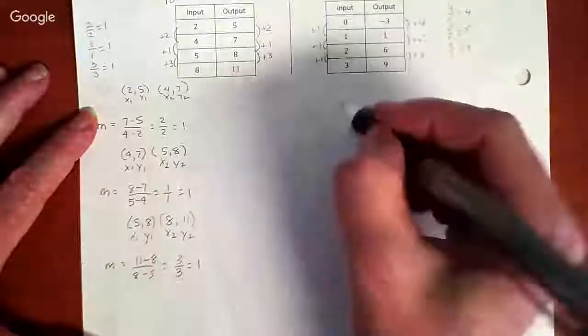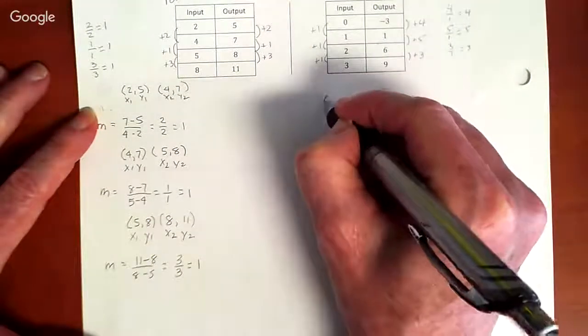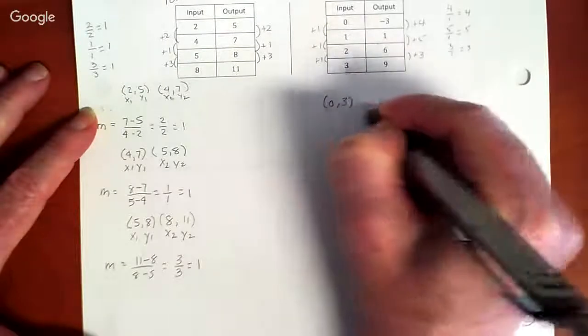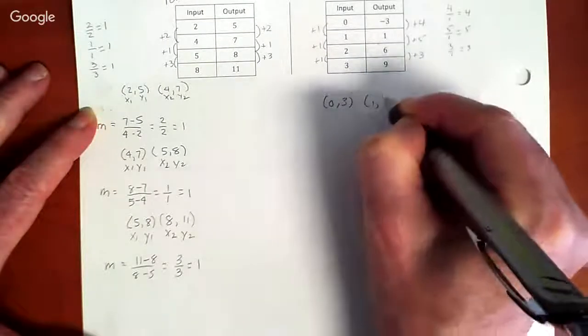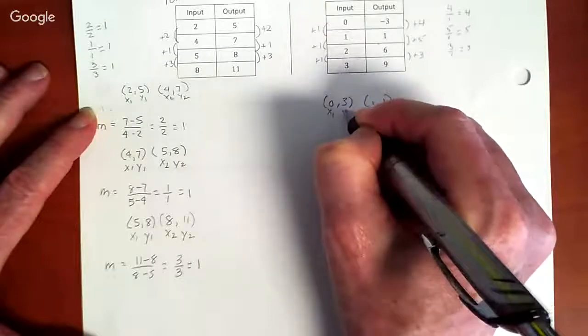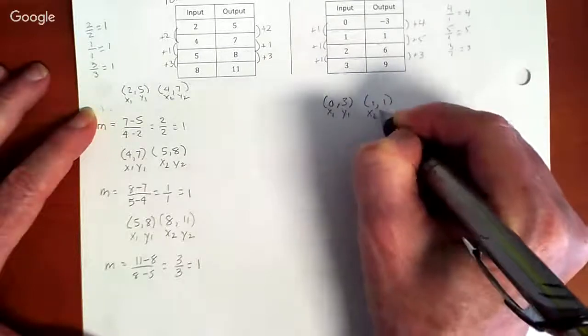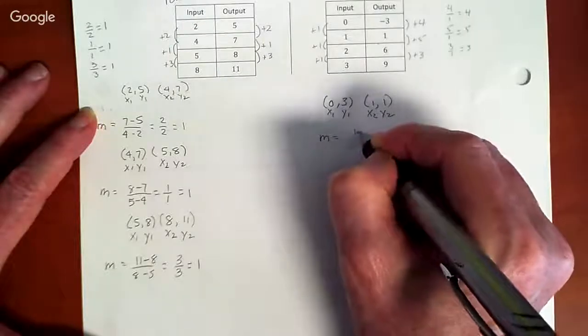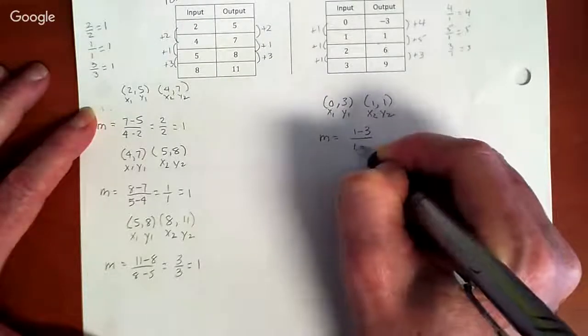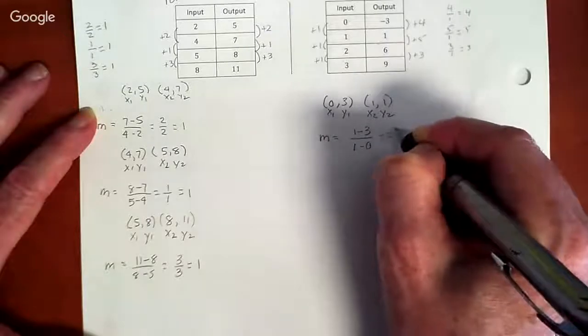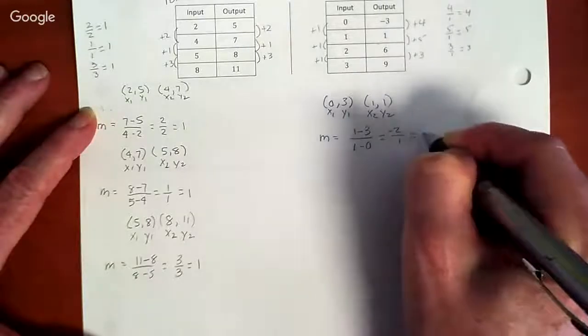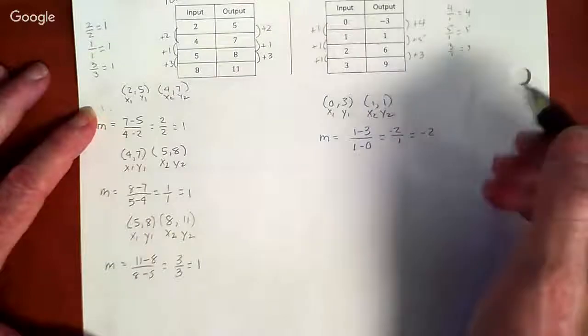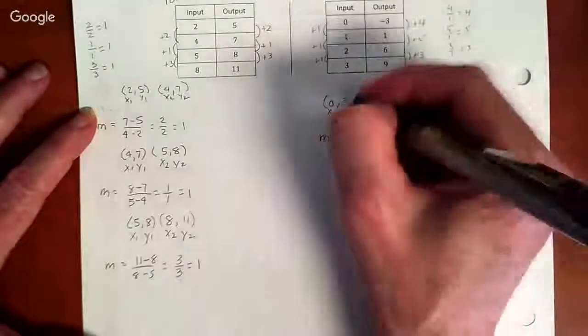On this side, I have 0, 3 and 1, 1, so x1, y1, x2, y2. So m equals 1 minus 3 over 1 minus 0. I have negative 2 over 1, which is negative 2. Oh, sorry, this is negative 3.